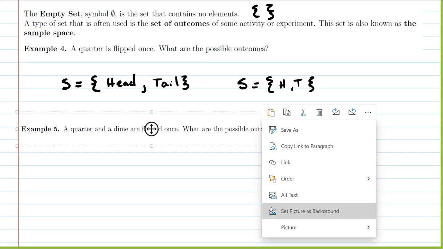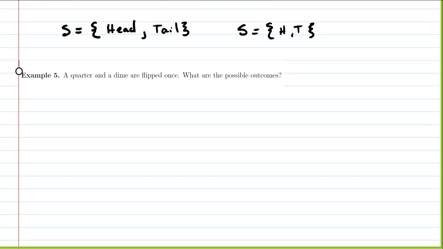What are the possible outcomes? Well, we're going to have to be a little bit careful when we do this, because now on the quarter, what are the possibilities? Heads or tails. And what are the possibilities on the dime? Heads or tails.